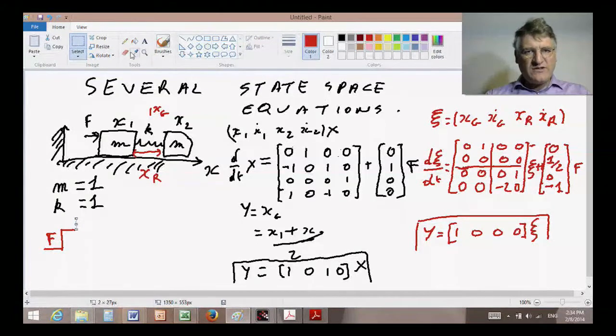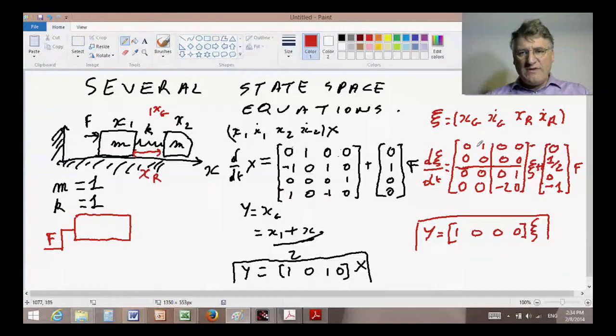So I'm going to write it just in the form of the AB matrix. The local AB matrix is going to be 0, 1, 0, 0. And then the B matrix is going to be 0, 1 half.